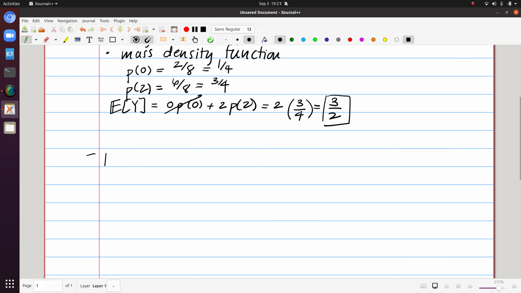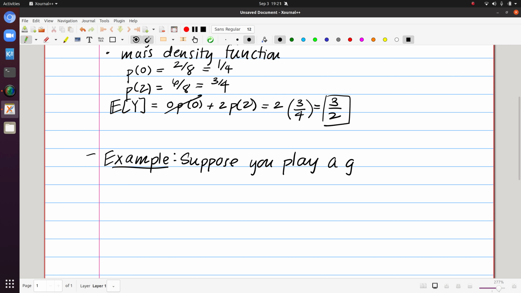Another example, different context, is suppose instead now that you play a game where you roll 2 fair 6-sided dice.